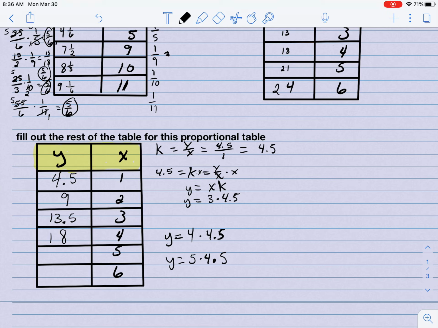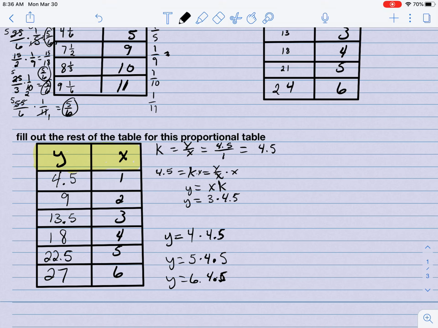Half of 5 is 2.5, so 22.5. And then last y equals 6 times 4.5. So 6 times 4 is 24, plus 3 would be 27.